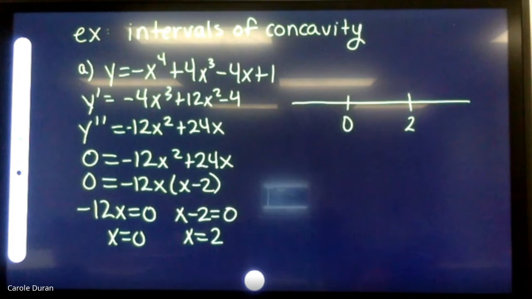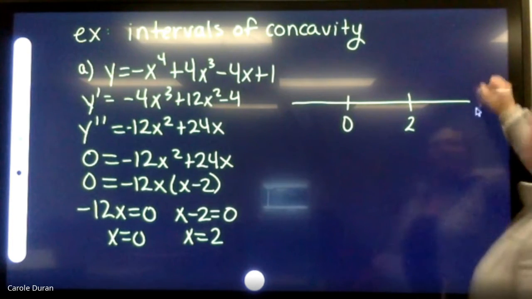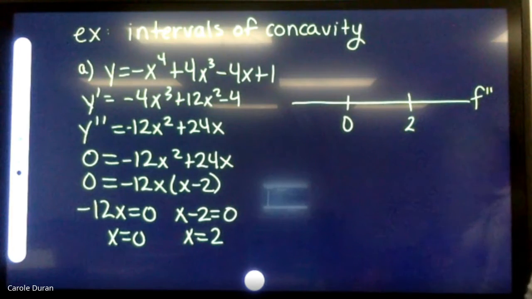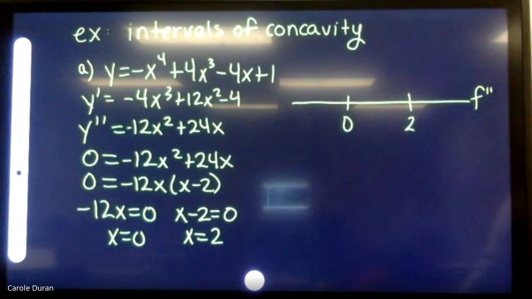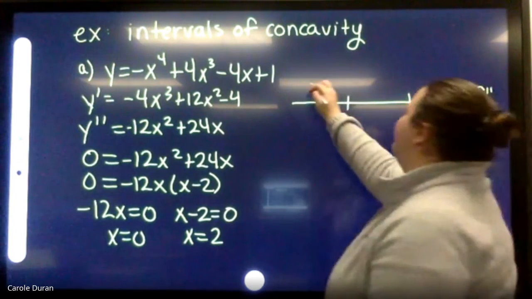So we're going to do just like we did before. I'm going to take some number between negative infinity and 0, plug it into my second derivative function and identify whether I get a positive or a negative number. So let's plug negative 1 in. When you have an answer, tell me if it's positive or negative. Negative, right? That was pretty easy.